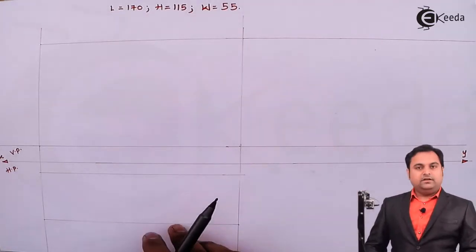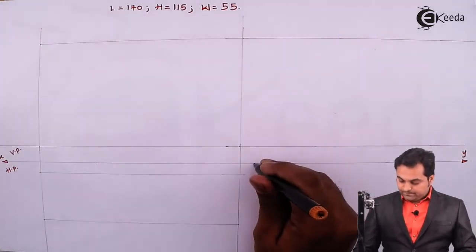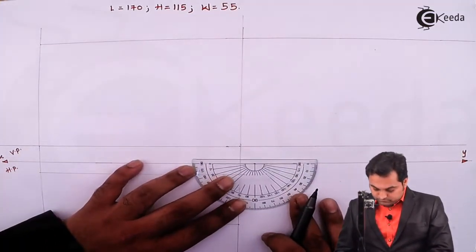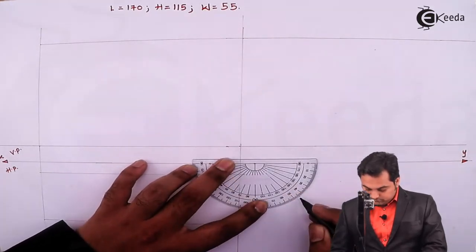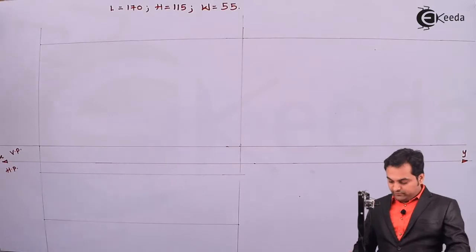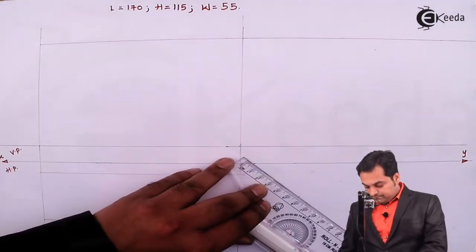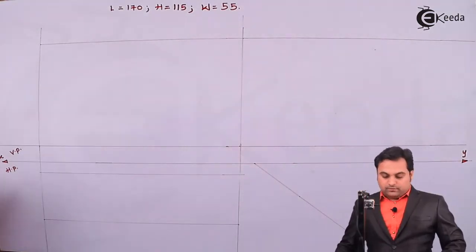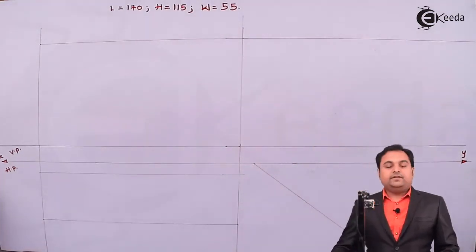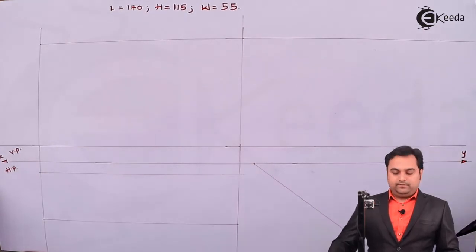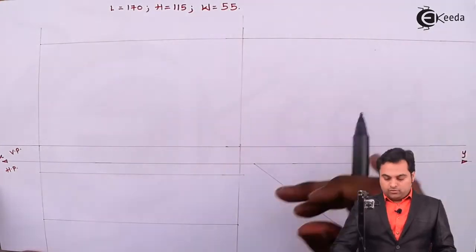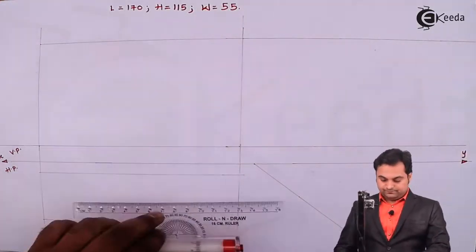Inside this rectangle, I'll draw the top view. Measuring 45-degree angle. Now, in case of side view, the length is not visible, but height and width are visible. So height, I am taking it from the front view, width from the top view.